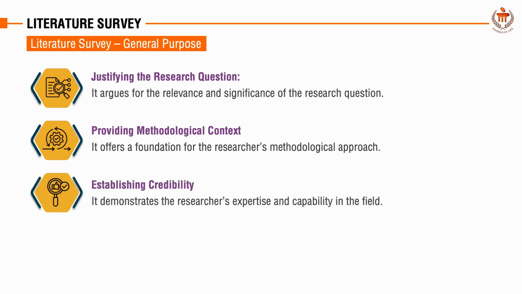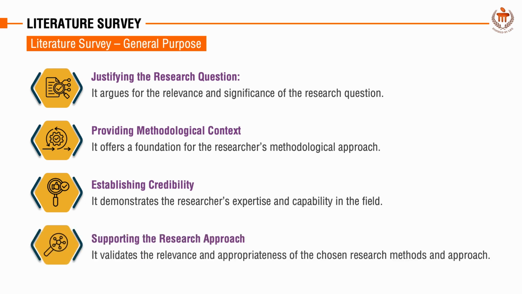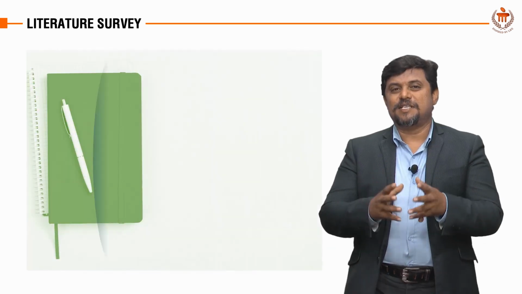Establishing credibility: it demonstrates the researcher's expertise and capability in the field. Supporting the research approach: it validates the relevance and appropriateness of the chosen research methods and approach. By fulfilling these purposes, a literature review becomes an essential component of the research process, ensuring the study is well-informed, relevant, and methodologically sound.